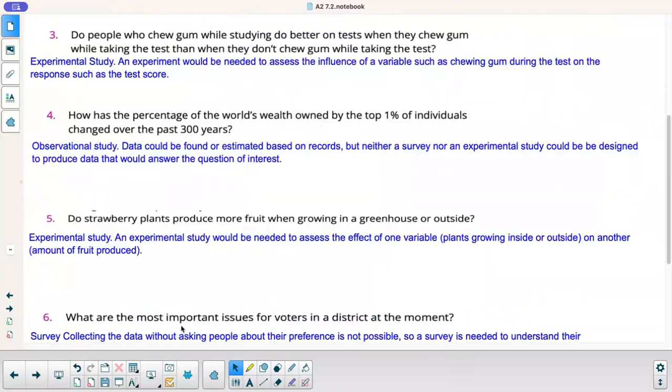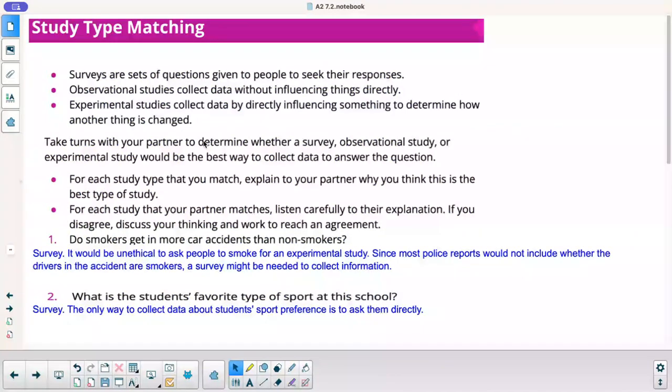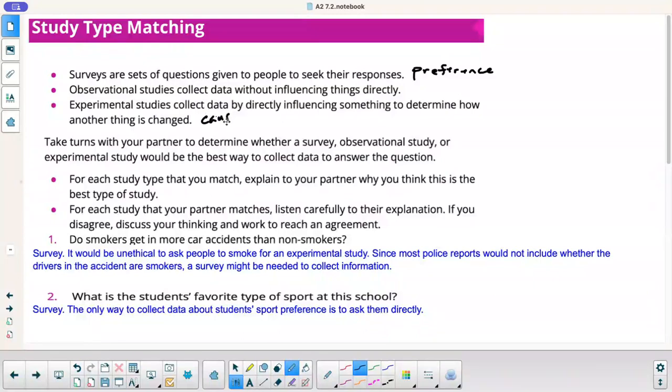All right. So what you're starting to see here is, as you look at these, for surveys, these are going to be anything with preference. Experimental studies are kind of like cause and effect.